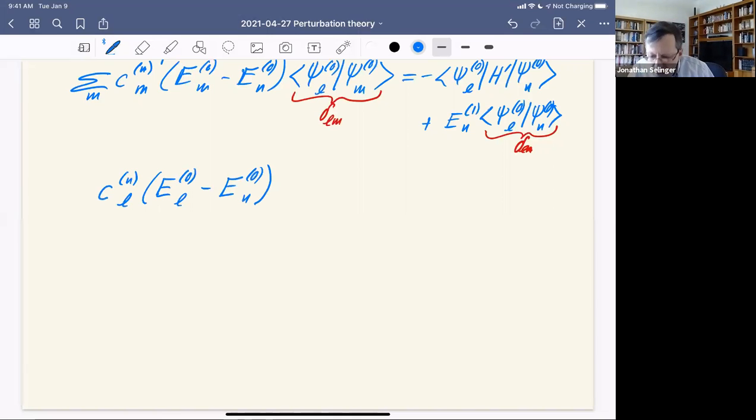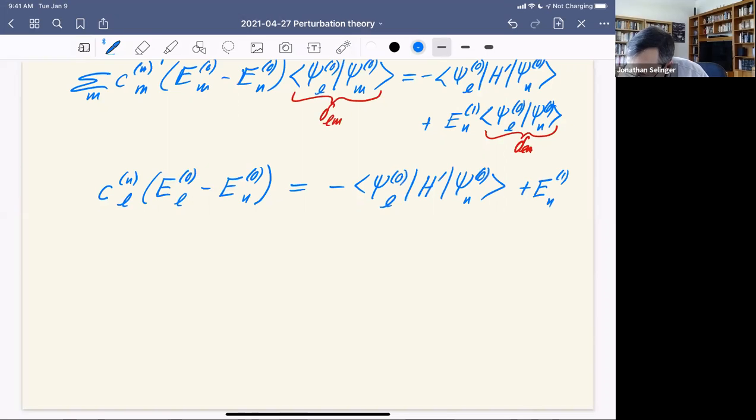And then on the right side, we have this inner product, psi 0L, H prime, psi 0N, plus E1N delta LN.